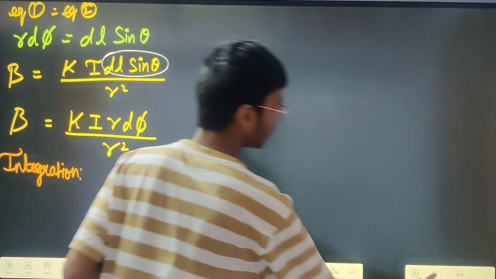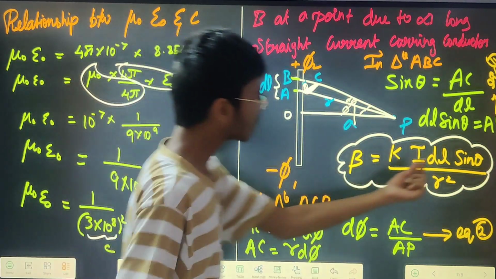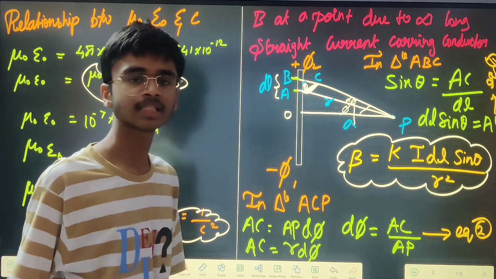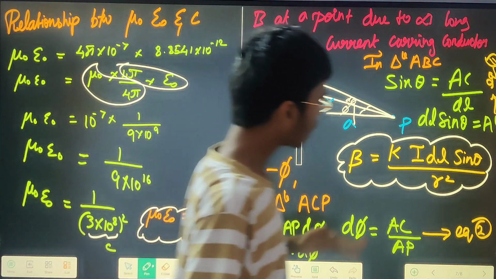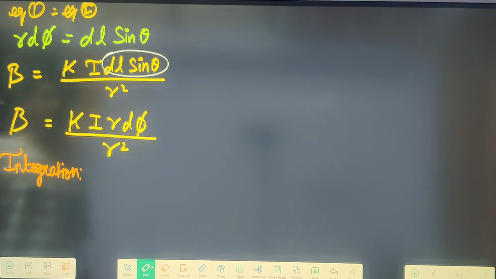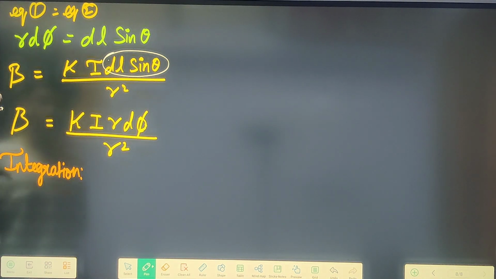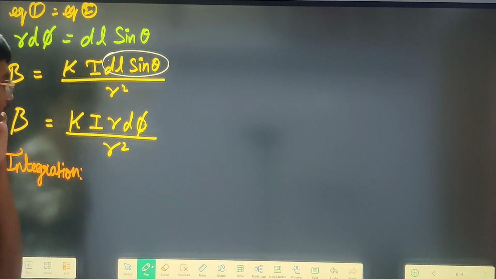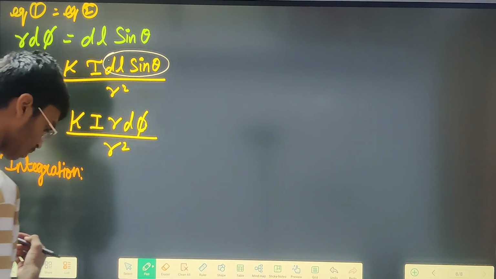So in order to substitute this, you take ABC as a triangle and ACP as a triangle, then you equate them, and at last you get this equation. From this equation you substitute this value, and then proceed with integration.